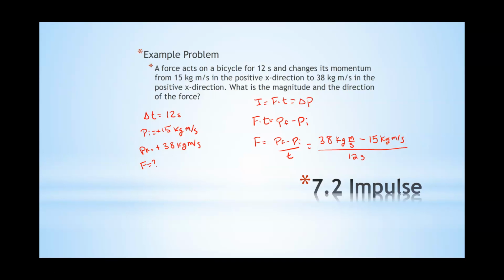So you should get the appropriate unit of newtons. So when I plug everything into my calculator, I get a force of 1.916 repeating newtons. Right? We get 2 sig figs, so in this particular case, my force is going to be 1.9 newtons.